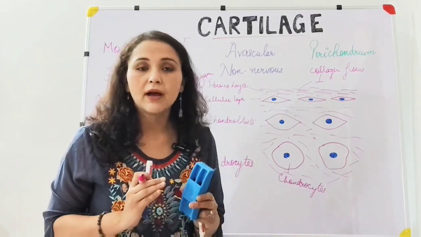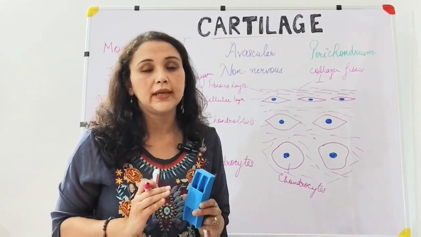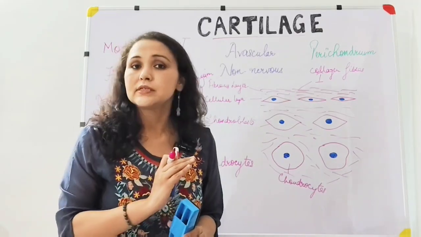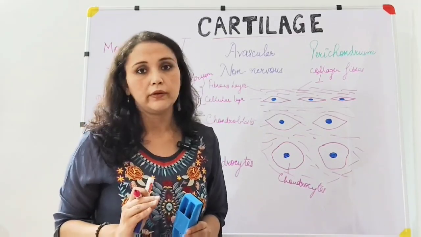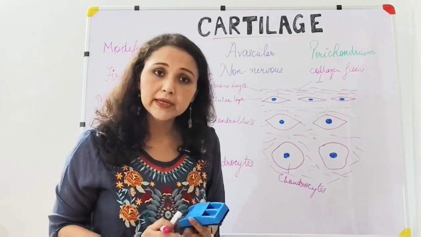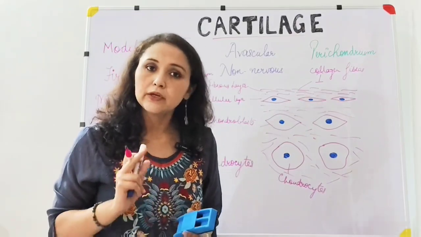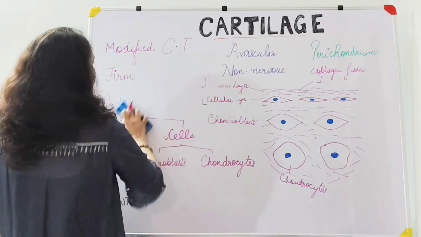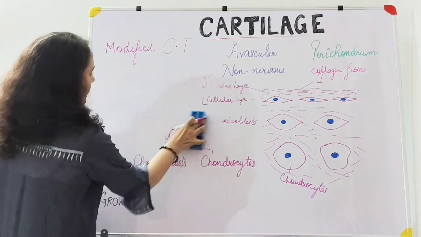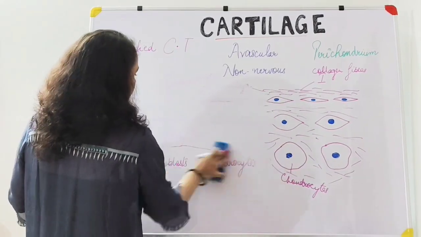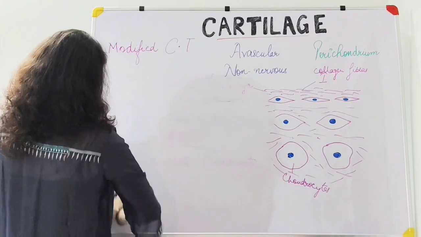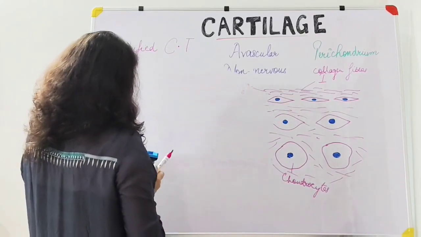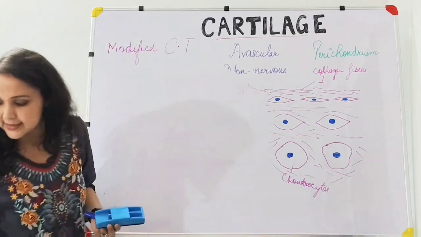So there the hyaline cartilage is given the name articular cartilage, and that articular cartilage is not covered by perichondrium. So the perichondrium is absent at two sites. One is fibrocartilage and the other is articular cartilage. We can even show this with a very easy diagram.